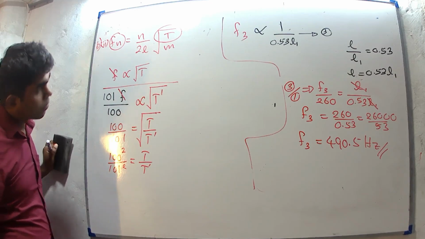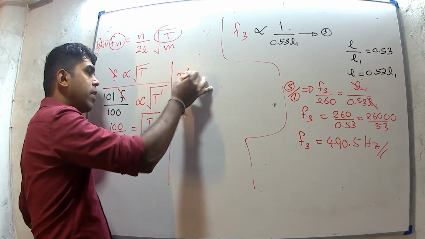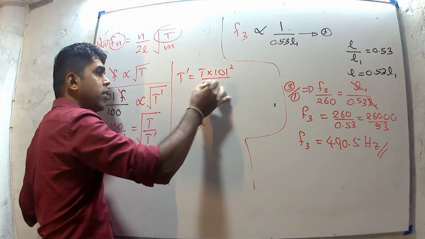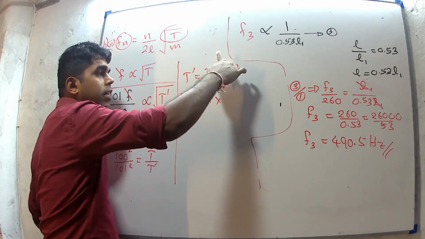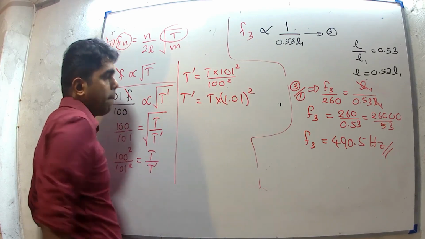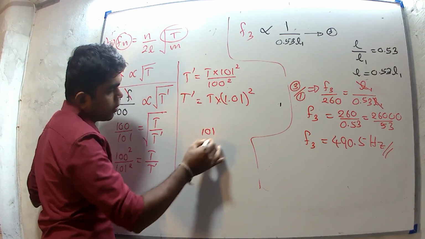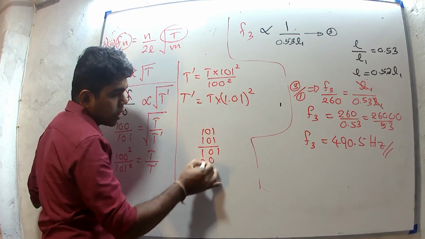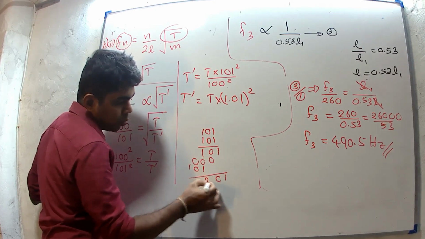Then we can make the new tension T dash the subject. T dash equals T times 101 squared divided by 100 squared. T dash equals T times 101 divided by 100, 1.01 squared. One into 101, 1 into 1, 1 into 0, 0, 1 into 1, 1, 0, 0, 0, 1, 0, 2, 0, 1.